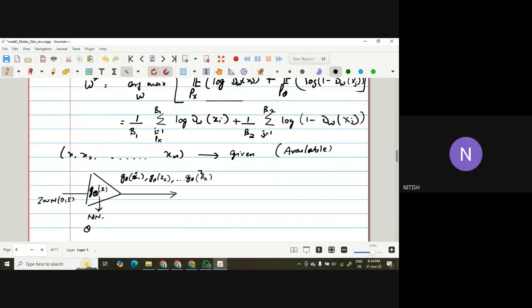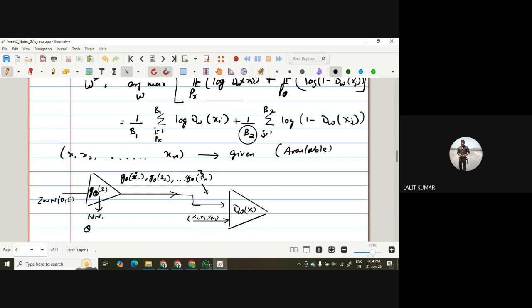I've taken beta 2 samples. Now I pass them through this, which is my dw of x. Plus I am passing the real samples, x1, x2 up to x beta 1.